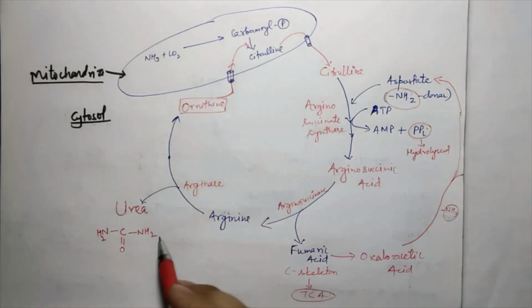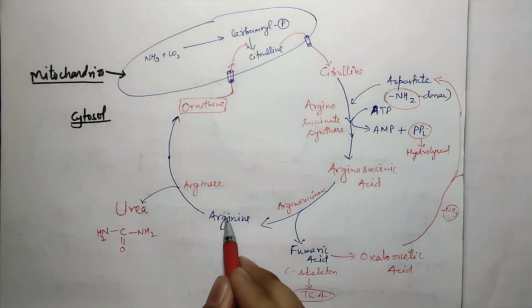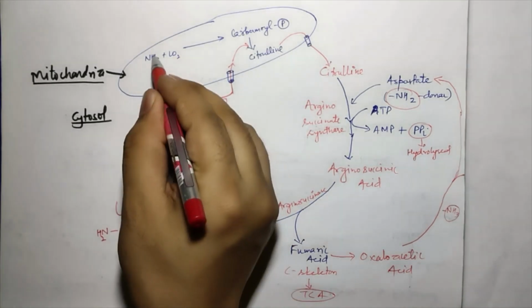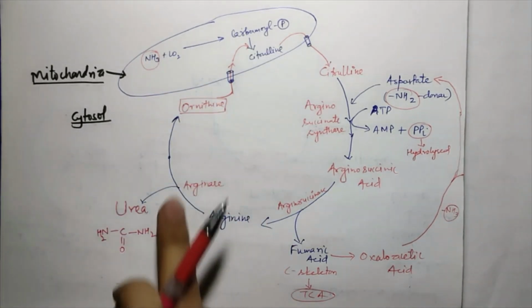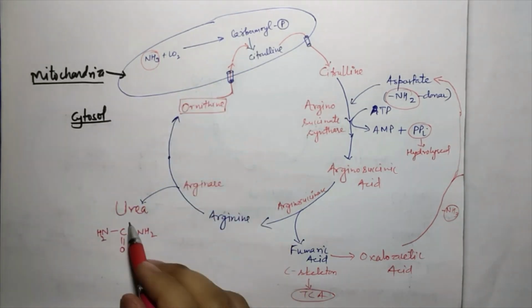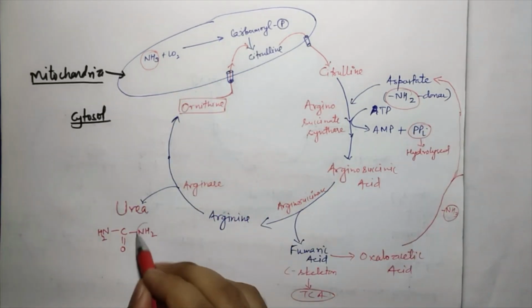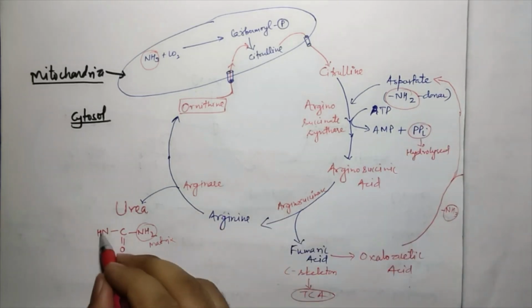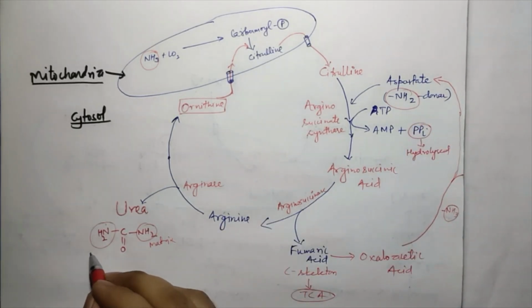Here, urea which is derived from hydrolysis of arginine has two ammonia groups, one derived from ammonia of the mitochondrial matrix and the other ammonia from cytosolic aspartate.